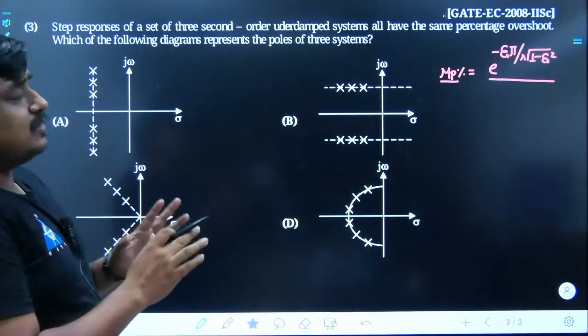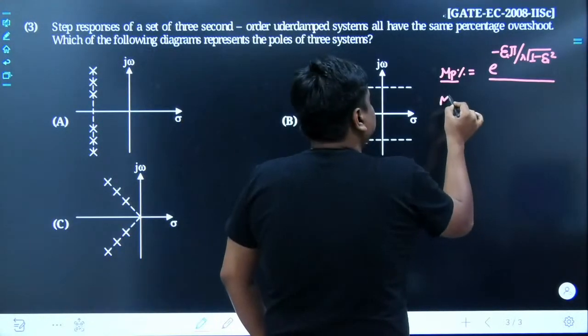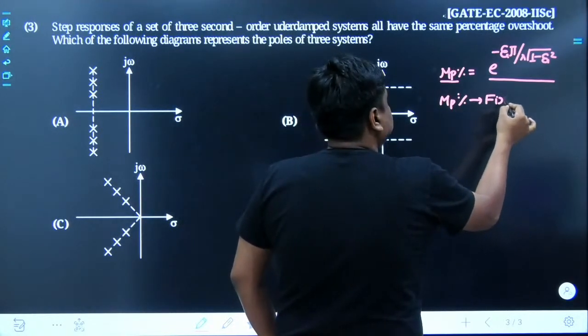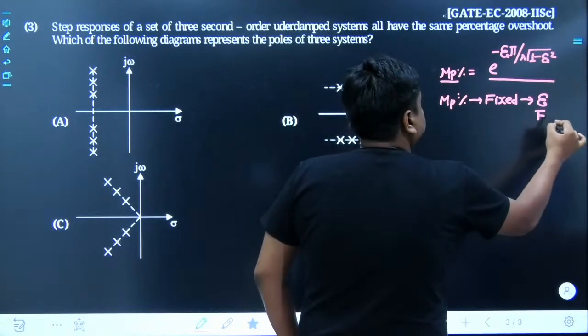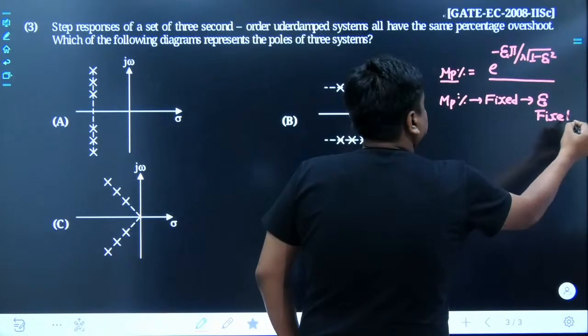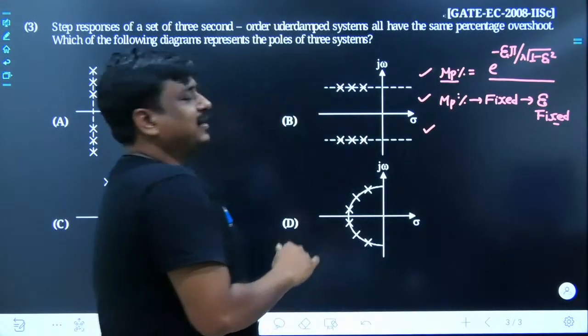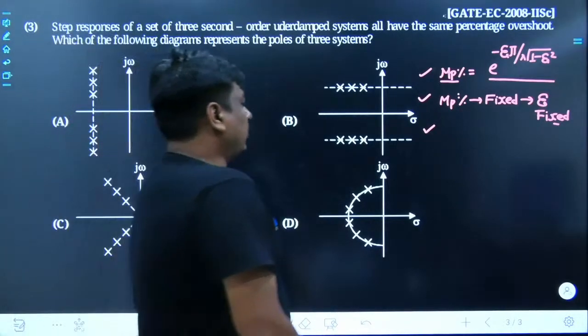And we want the systems to have the same value of MP. That means I want to fix the value of MP. That means zeta should not change. May I know where zeta has not been changing? Where zeta has not been changing, you yourself would be able to judge the locations of the poles.